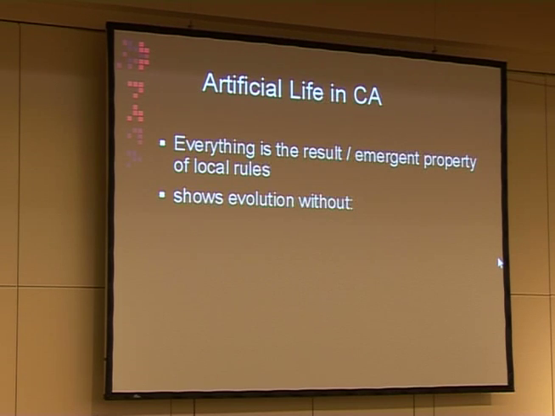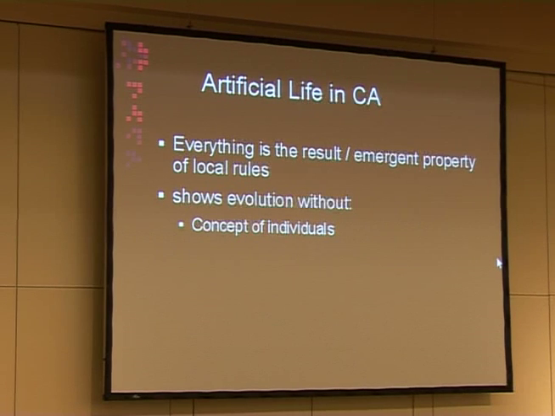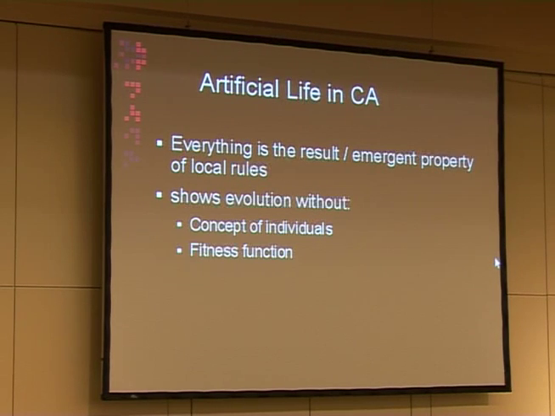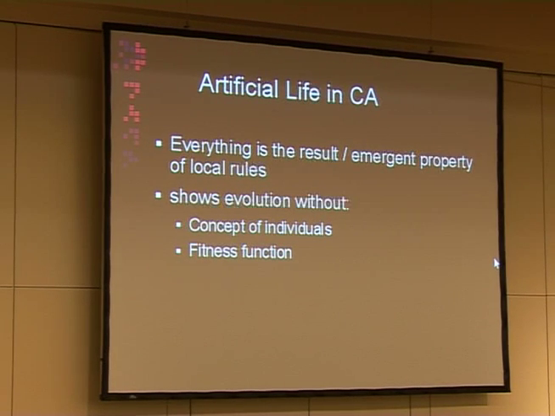And it shows evolution without a concept of individuals. Normally, when you do genetic algorithms, you have an object that represents individuals, and a fitness function that gives each individual a fitness.